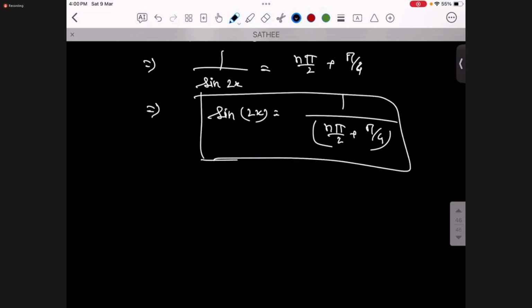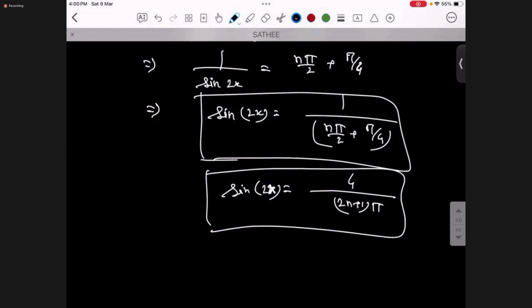Now, by looks, it is not that convenient. It can be an answer, but yes, it is the answer. You can simplify this answer a little bit. Just write it like n pi by 2, that is (2n plus 1) into pi. You can simplify this by doing some calculation. So this is the answer.